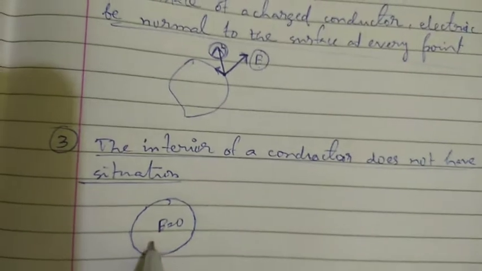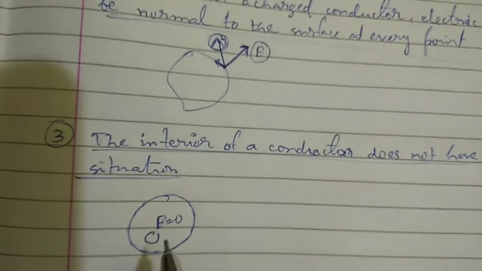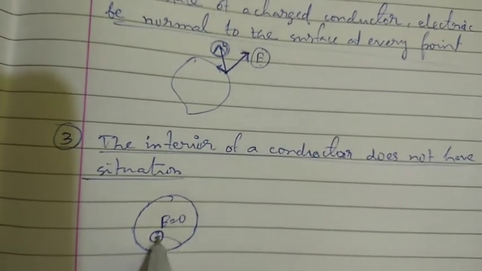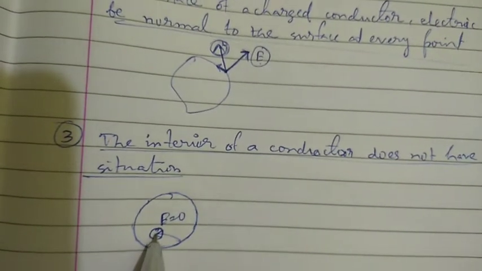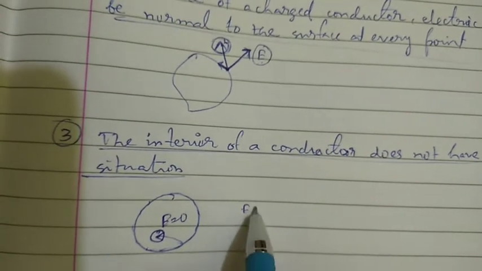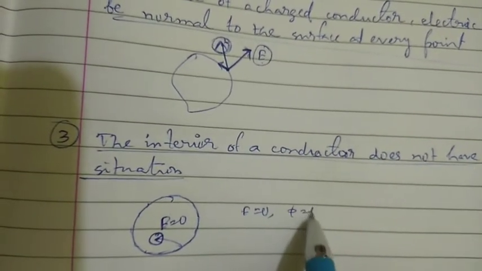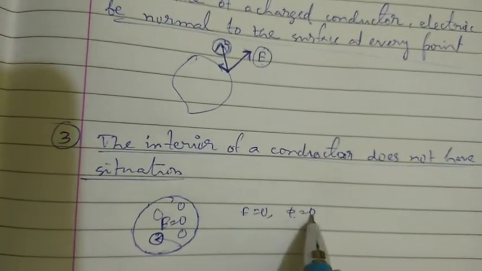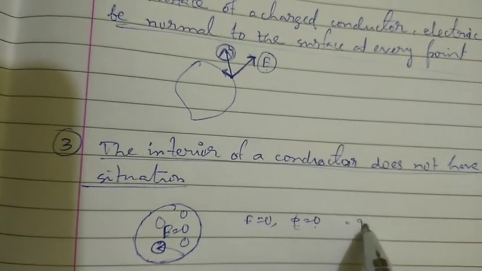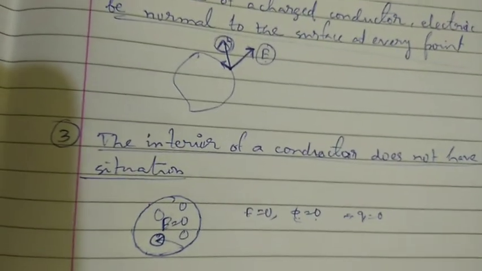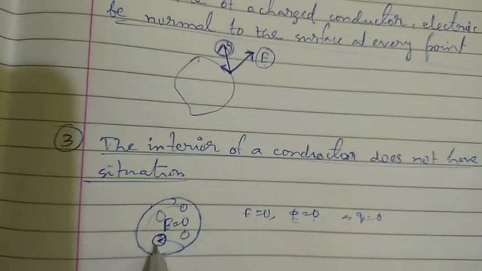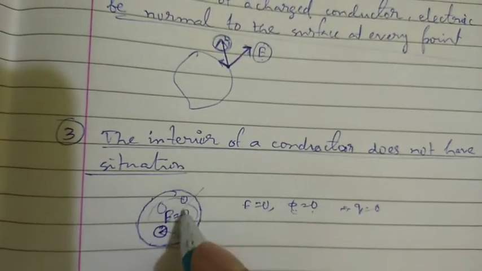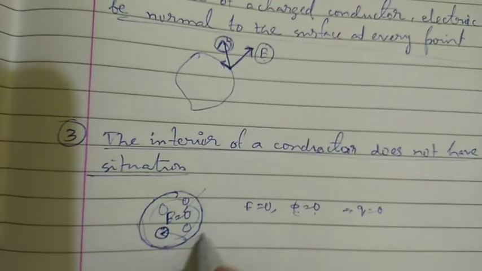Now if you take any small Gaussian surface, the electric field is zero inside it, so there should not be any flux. Since E equals 0, phi should be 0. You can take any closed surface anywhere, so phi should be 0. If phi is 0, the charge enclosed by it should also be 0. So inside the conductor there cannot be any excess charges. Whatever charge you give to it will reside only on the surface.